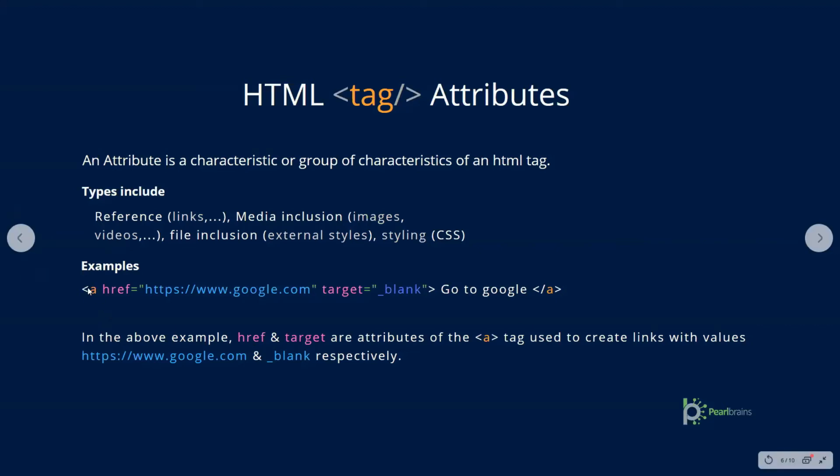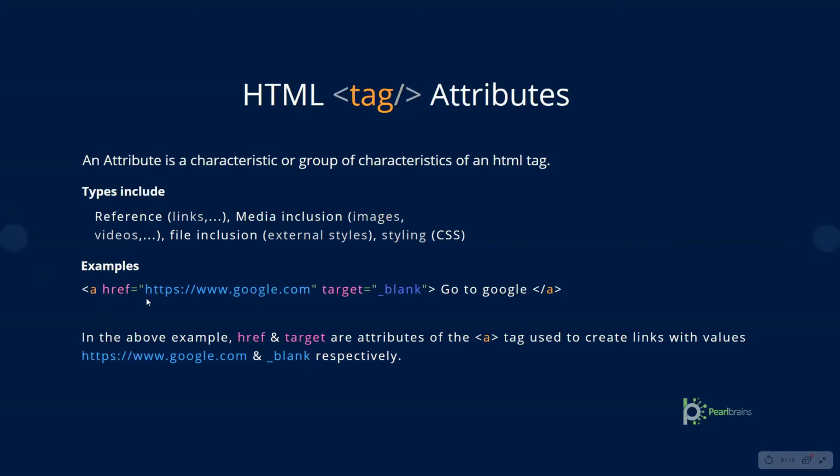So what you do, you open your tag, and then you write the attribute href. Href is the hyperlink reference that references where you're supposed to go. And then you give it a value of where you're supposed to be going.